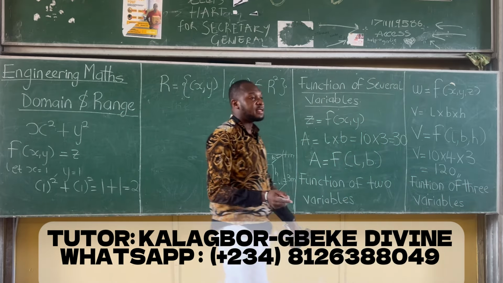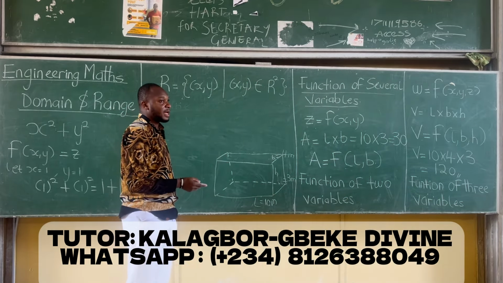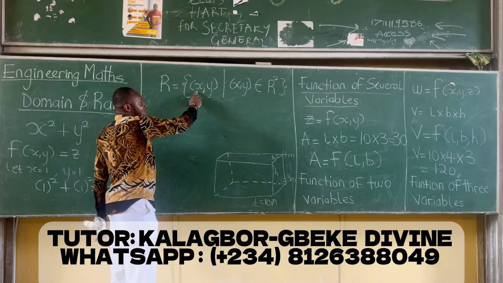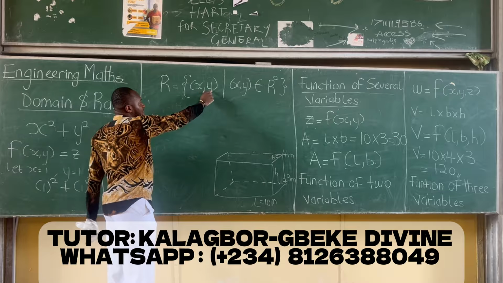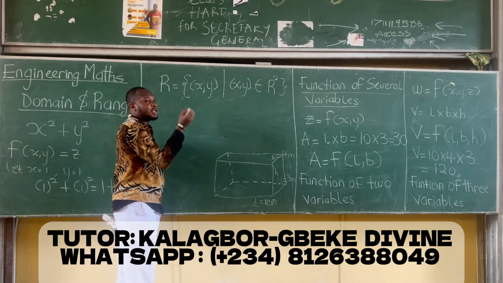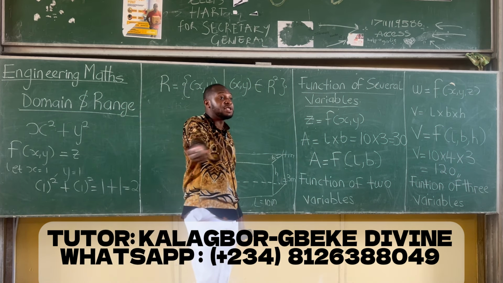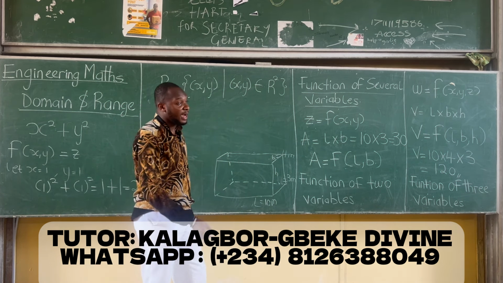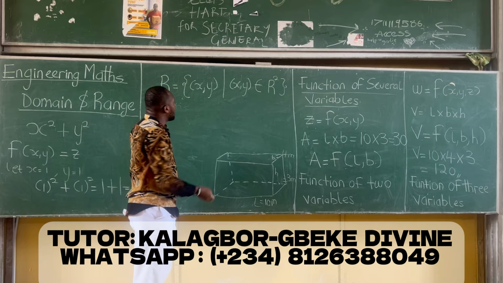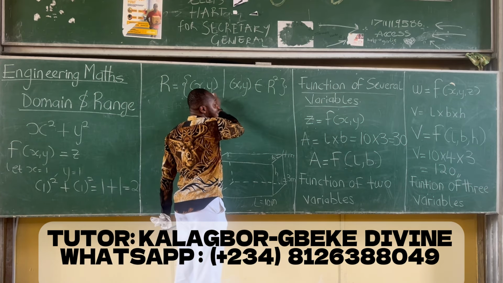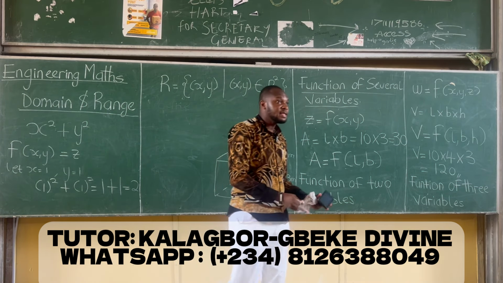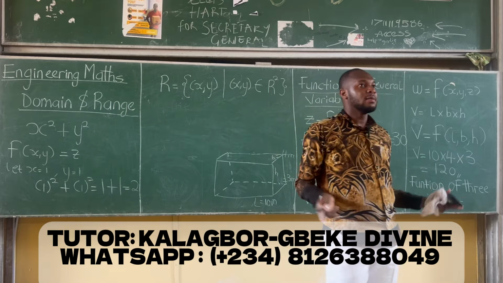If there was an event for x and y, let's say computer to be x, mechanical to be y, and they say any of the engineering students can come, and marine decided to come, civil decided to come, marine and civil are still inside the global one, the general engineering body.